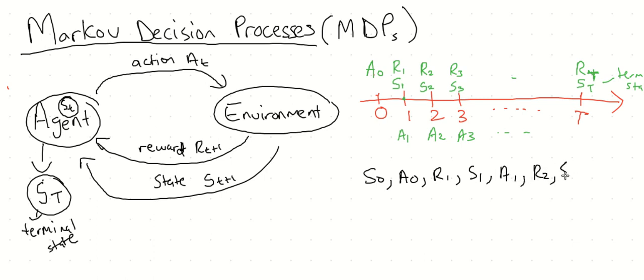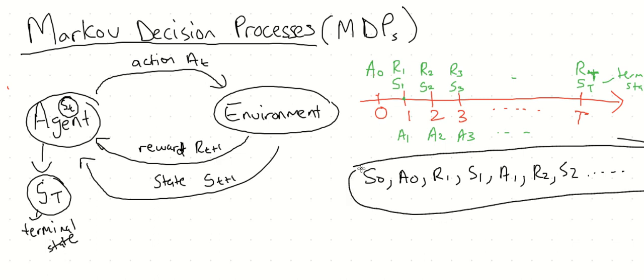Now you're in state S2, and so forth, until you reach the terminal state ST. This is what we're looking at. We are dividing every single thing that we do, every action that we make, and every time step that we make into this series of time steps and series of actions, reward, and state pairs, and so forth.